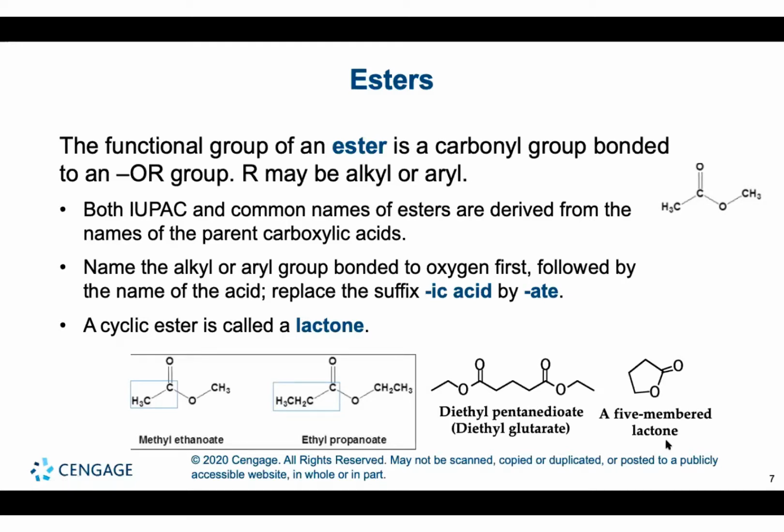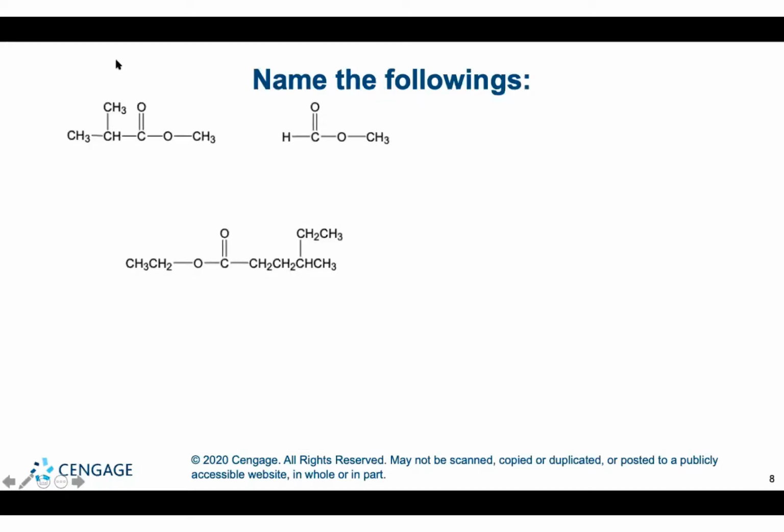Lactone. What do you think is the functional group here? We have a carbonyl group, another oxygen attached to it, and there is a carbon attached to oxygen directly. This is ester. I recommend you make flashcards and practice the structures of the functional groups and their names.